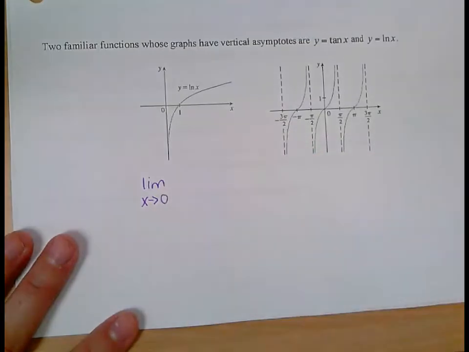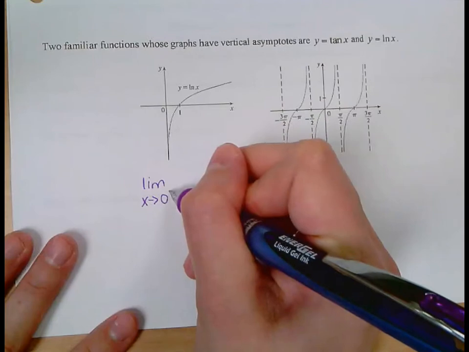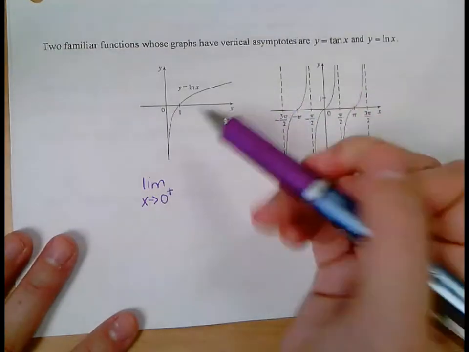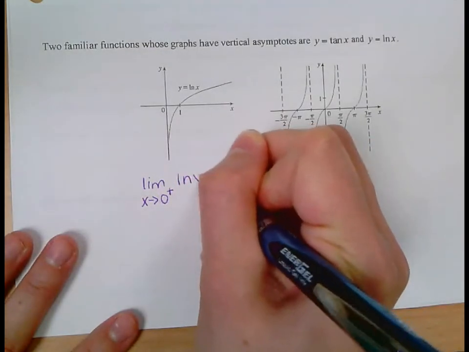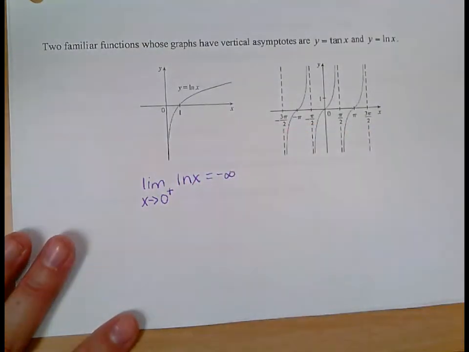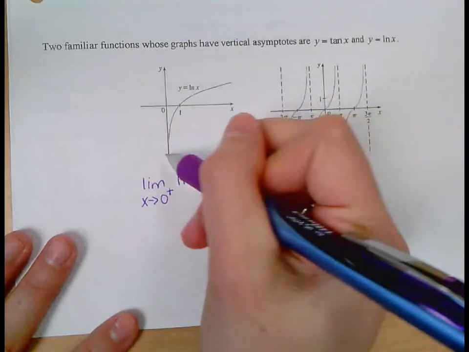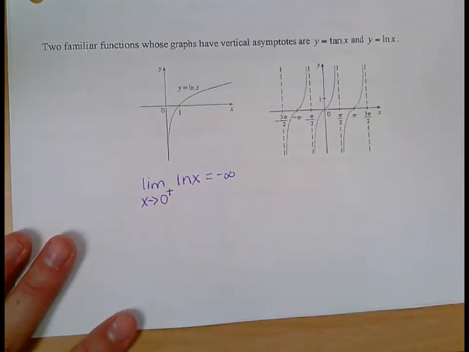So if I approach the x value 0 for the function y equals natural log of x, and I'm only going to approach from the right side because the curve itself doesn't exist from the other side of 0, that limit is negative infinity. That's enough to say that x equals 0 is a vertical asymptote.